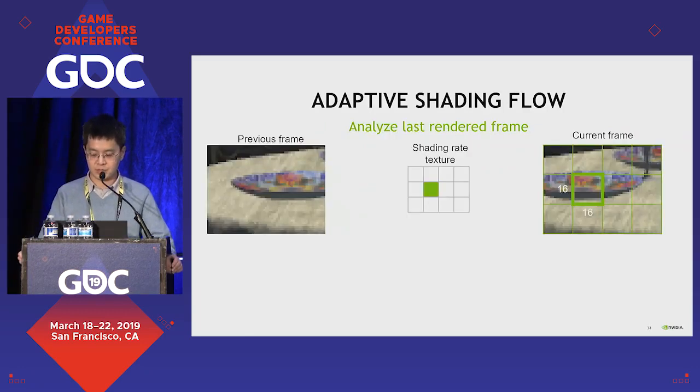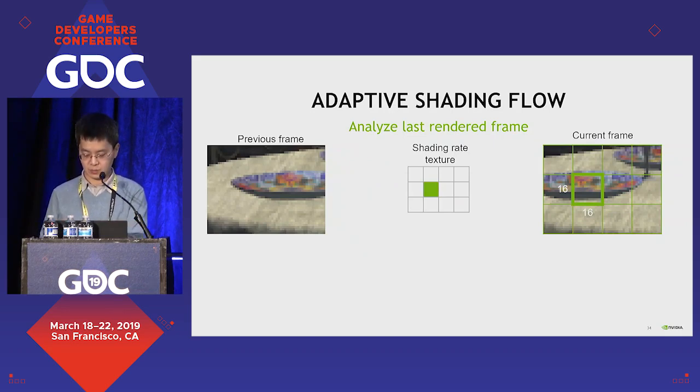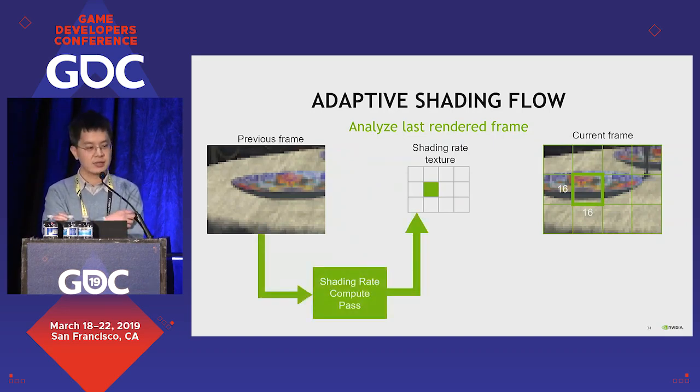So we need to predict how much error we are going to get when shading at a lower rate for each screen tile. The best data for us to do this analysis is the previously rendered frame. So we run a shading rate compute pass that takes the previously rendered frame as the input.